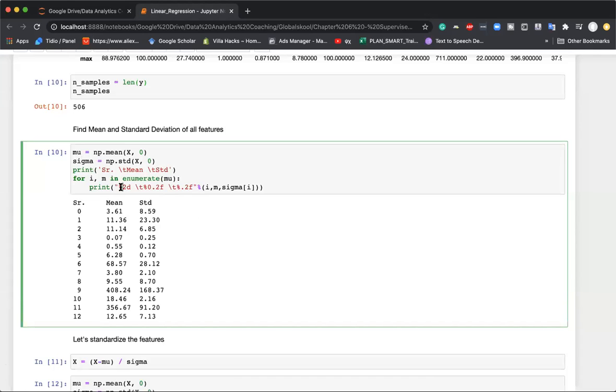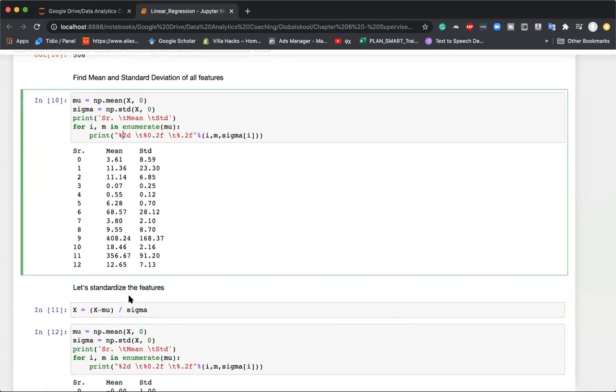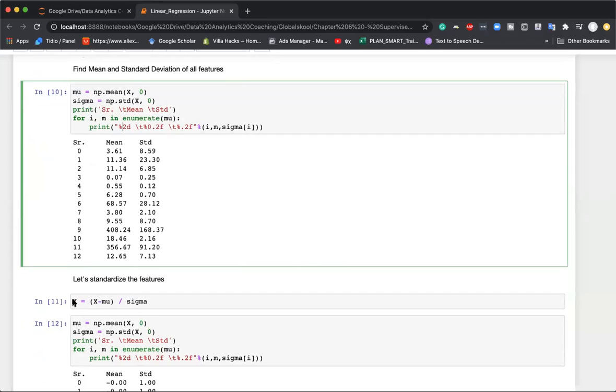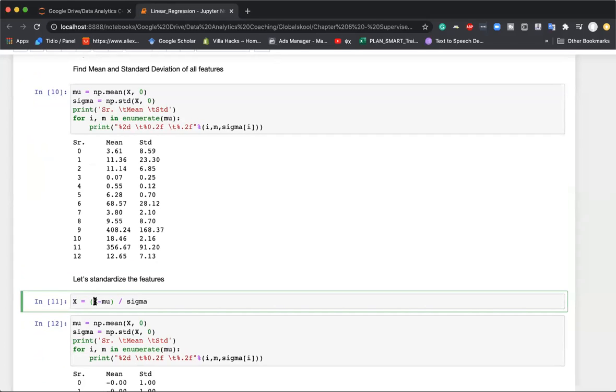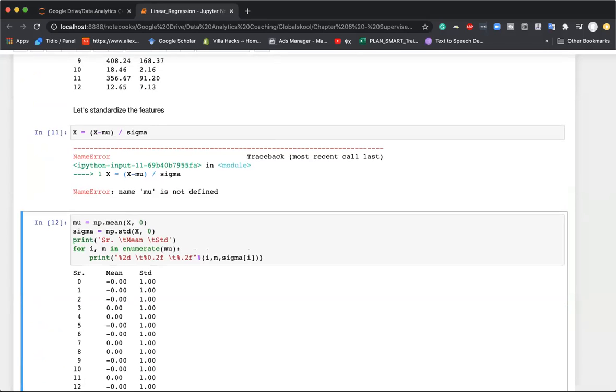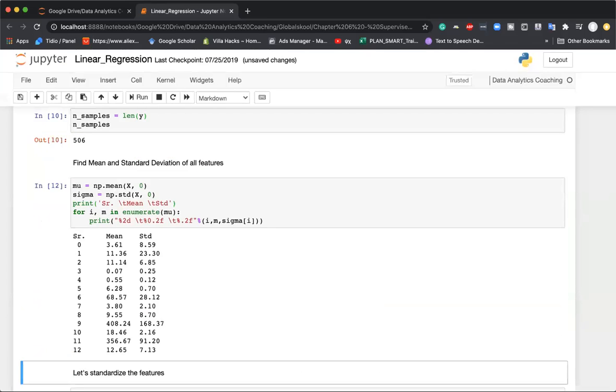So here we have evaluated all the means for our 13 columns and all the standard deviations for the 13 columns, and we can see there is quite a bit of range, right? And to standardize it, we can simply do this. Our new value of x is equal to the old value of x minus mu, that is our mean, divided by our sigma. I have to run this first.